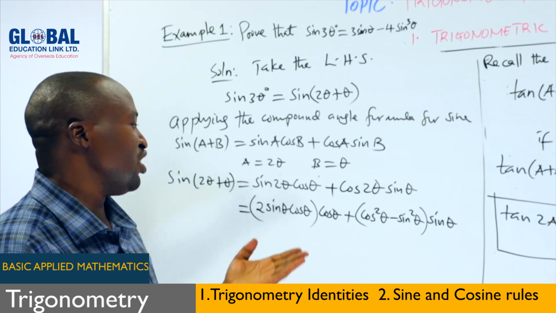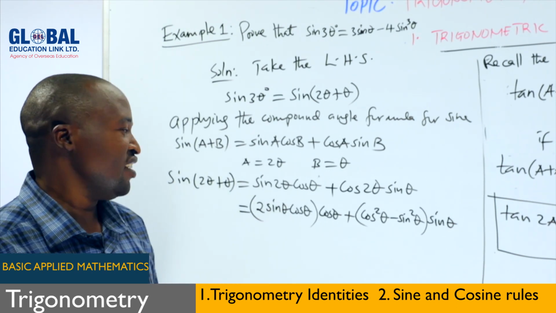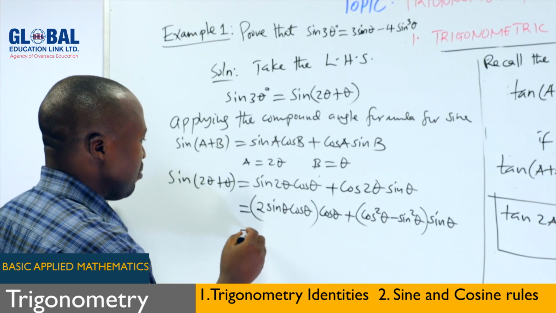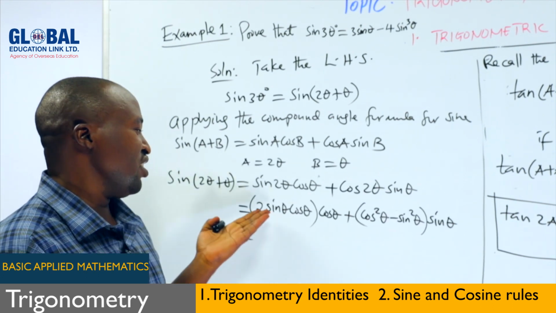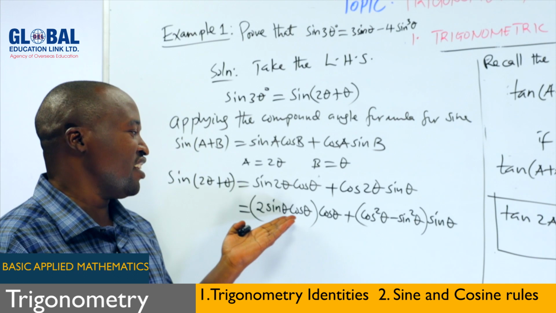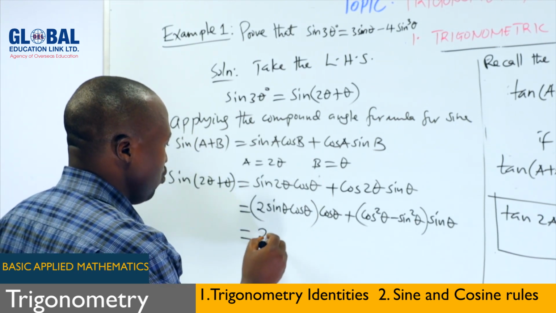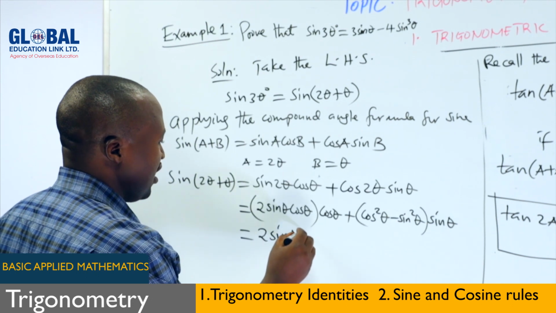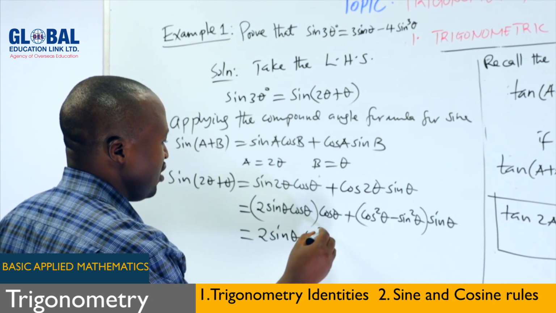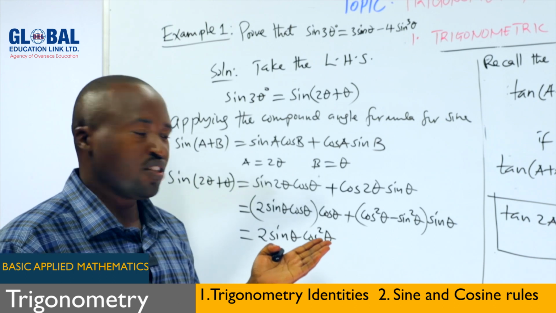Now you are in a position to open up the bracket. We just open up the bracket by taking 2 sine theta cos theta times cos theta. So we are going to have 2 sine theta cos squared theta. Why squared?